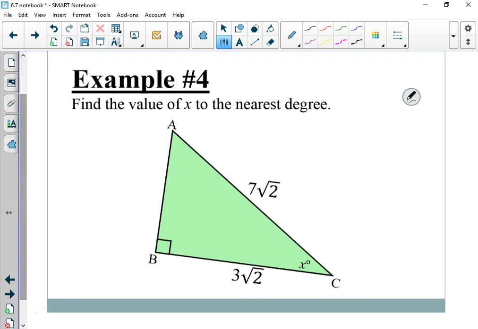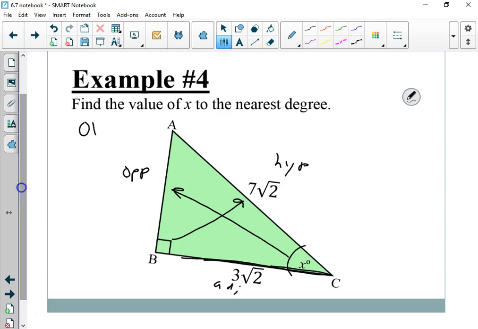Example 4, where's my angle? Okay, there's my angle. I don't have my opposite, nothing there, but it's good to label. Here's my adjacent, it's touching C. And what does not change? My hypotenuse.